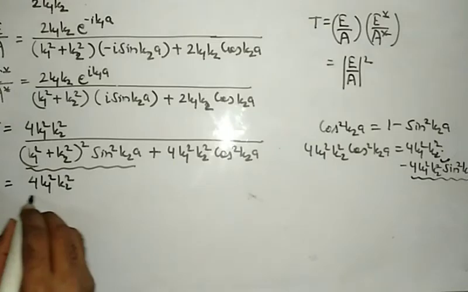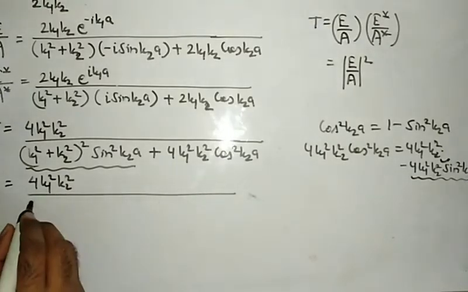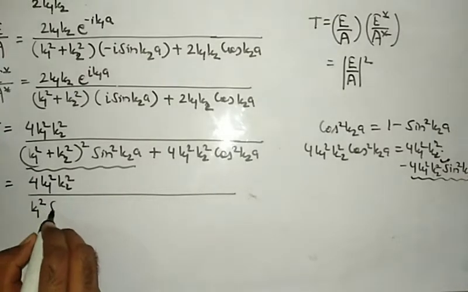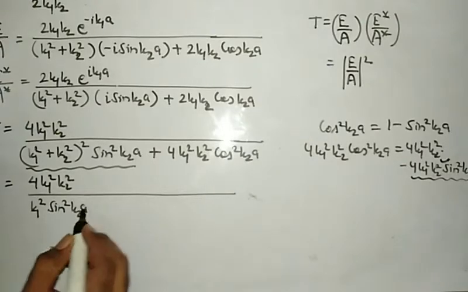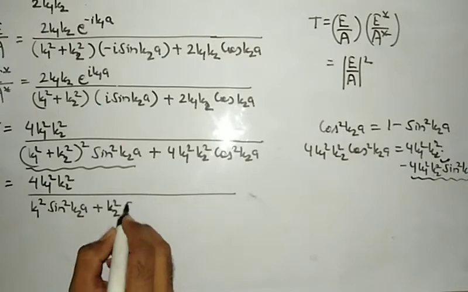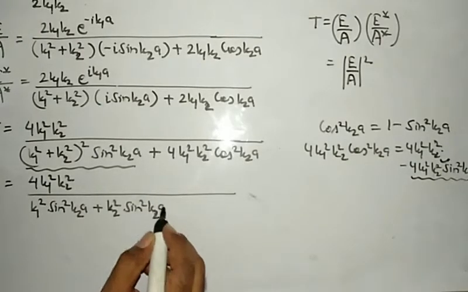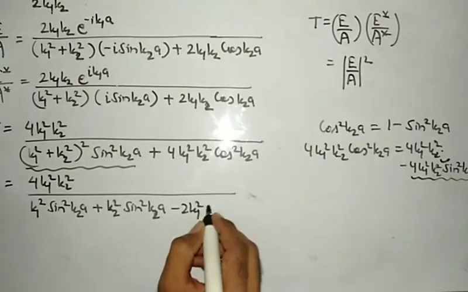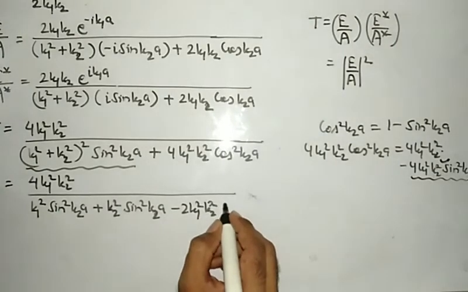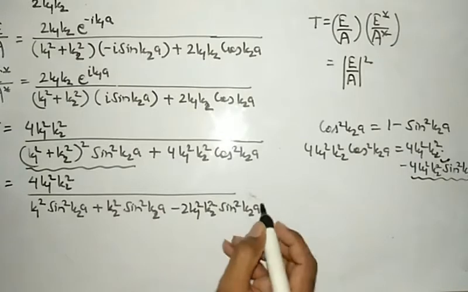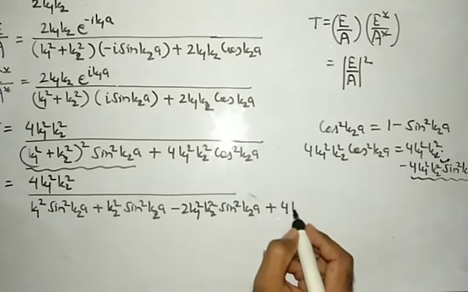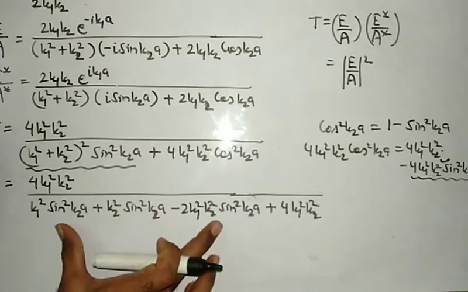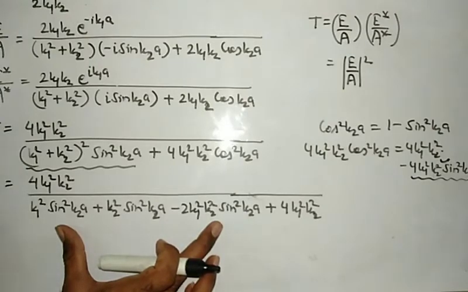That can be written as k1 square sin square k2a plus k2 square sin square k2a plus 2 k1 square k2 square, and here is minus 4, so that will be minus 2 k1 square k2 square sin square k2a plus 4 k1 square k2 square, and this can be written as k1 square minus k2 square whole square.